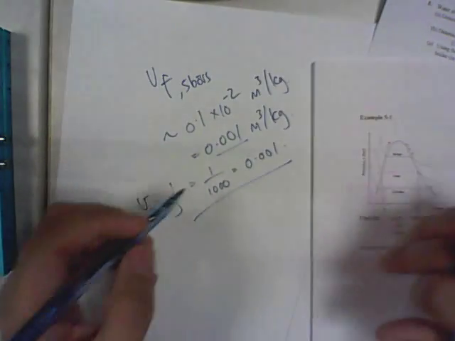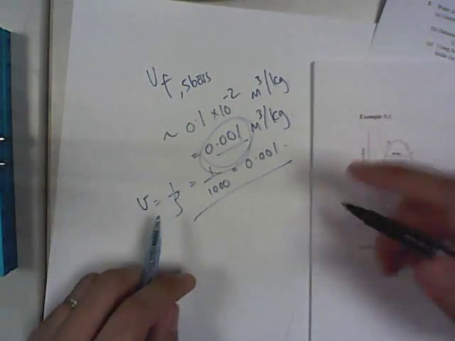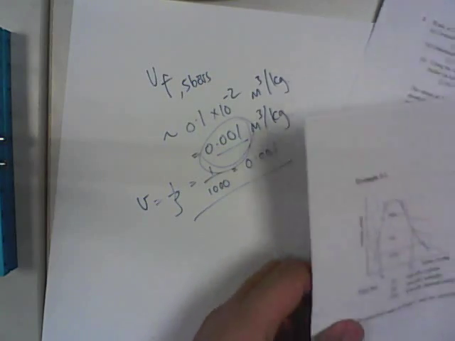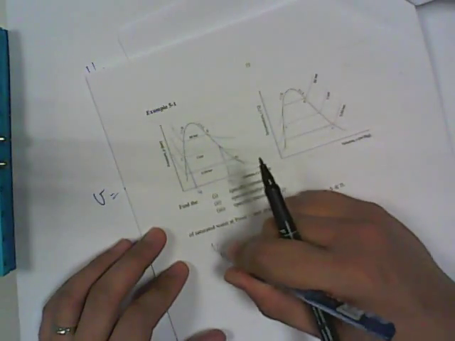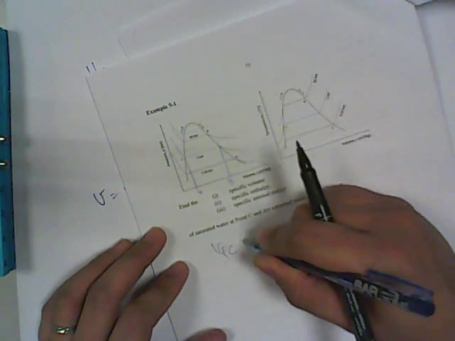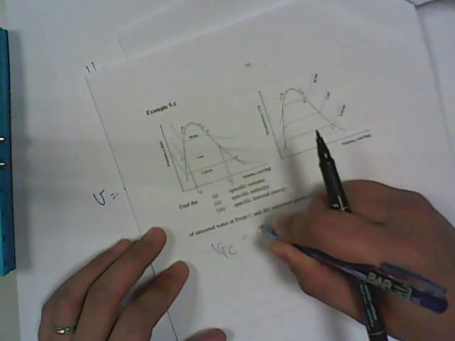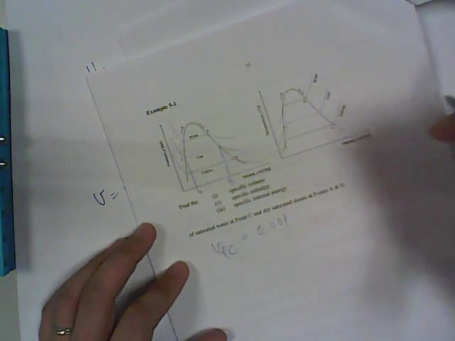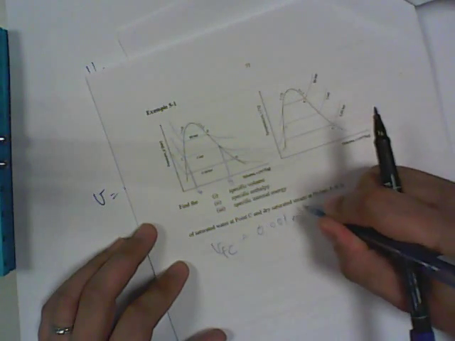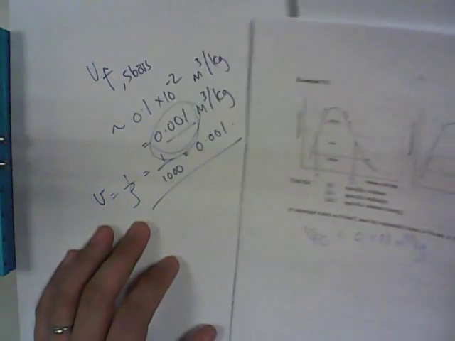So you can just take this as an answer. I'll write Vf at C equals 0.001 meter cube per kilogram.